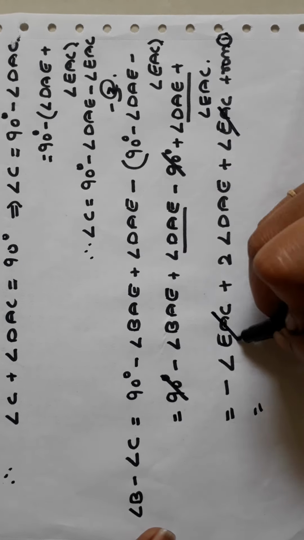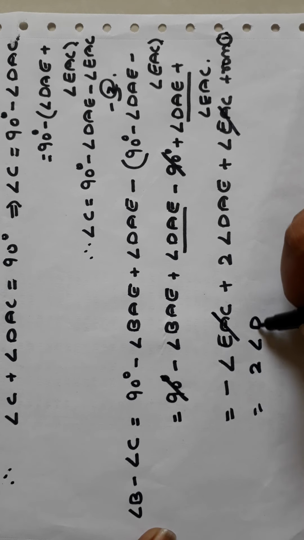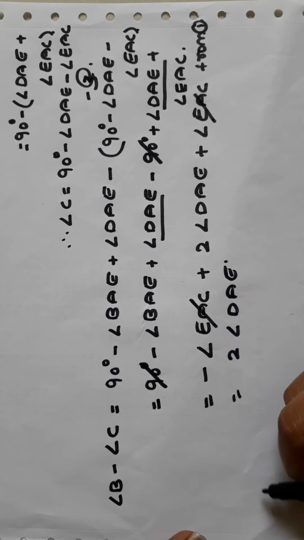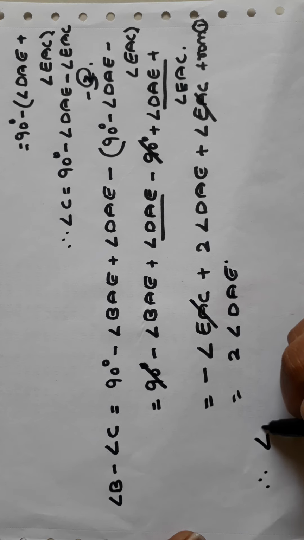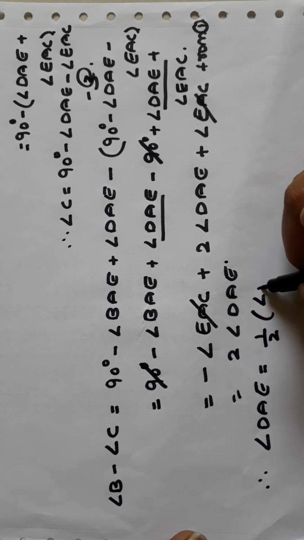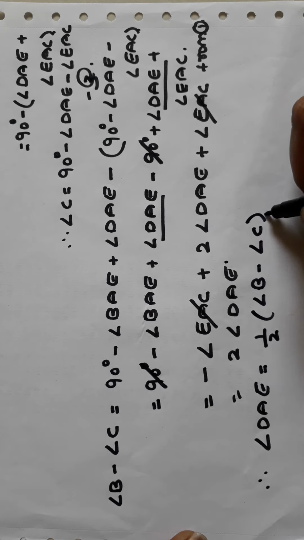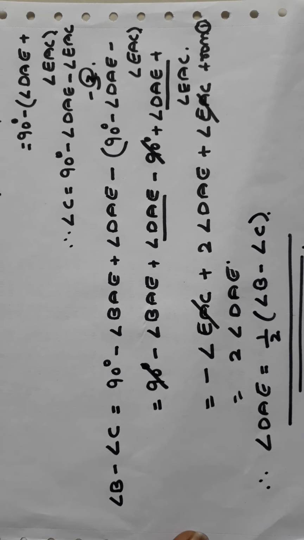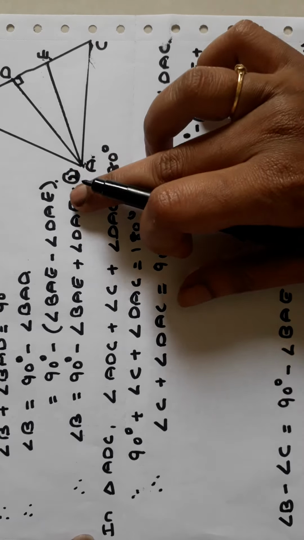Angle EAC gets cancelled out, 2 angle DAE, and therefore take 2 to the other side, half of angle B minus angle C. So this is what we require. Here it is 2 and here it is 3.